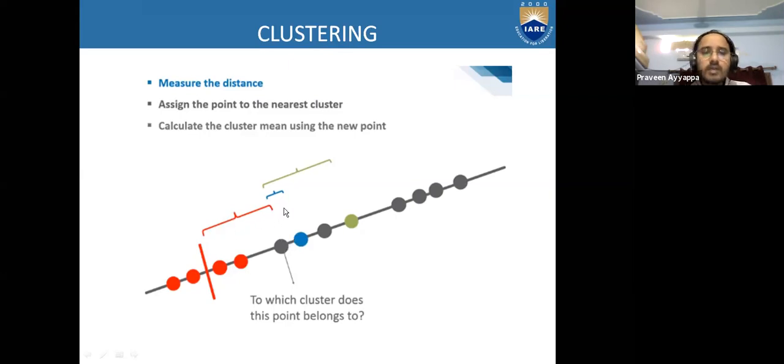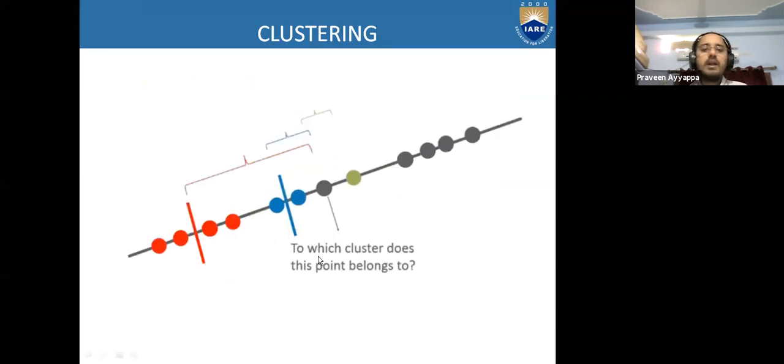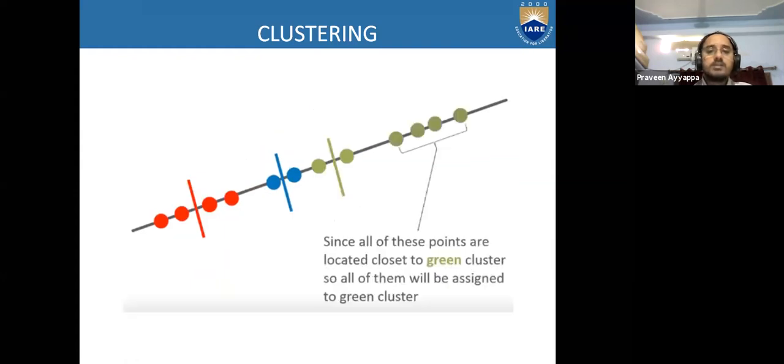So we are going to calculate the distance from this particular point, blue, to the first point in this particular group. And next, to which cluster does this point belong? We need to find which cluster this point belongs to, and we need to calculate the mean for that similarity distance. Since all of these points are located closest to the green cluster, all of them will be assigned to green.